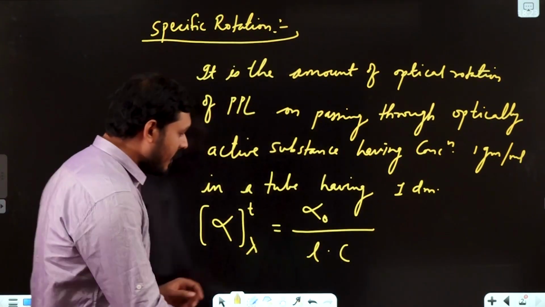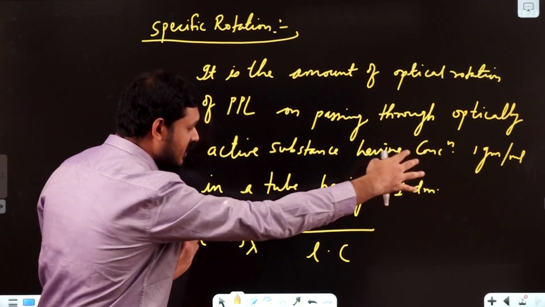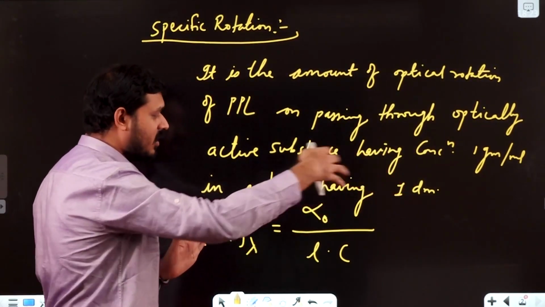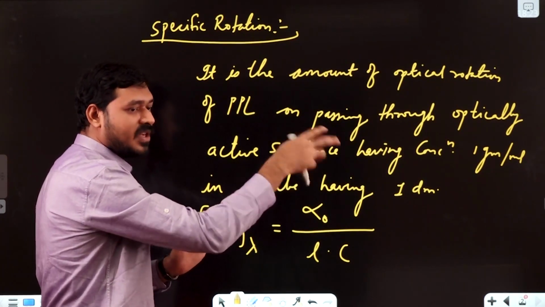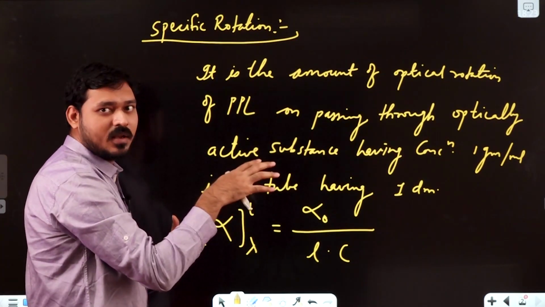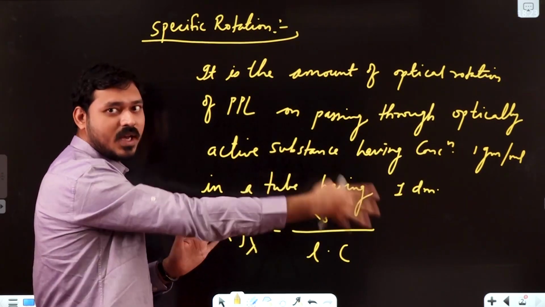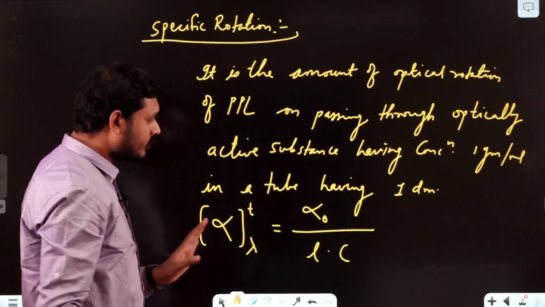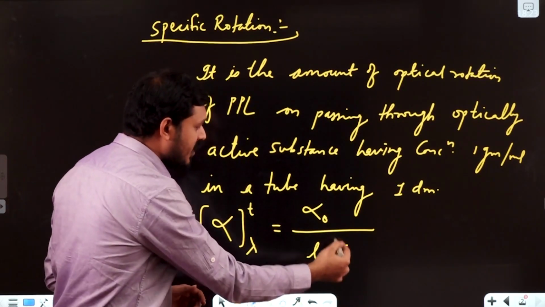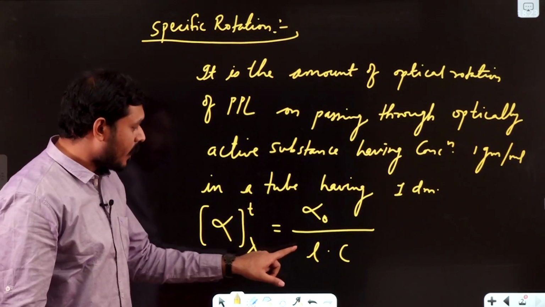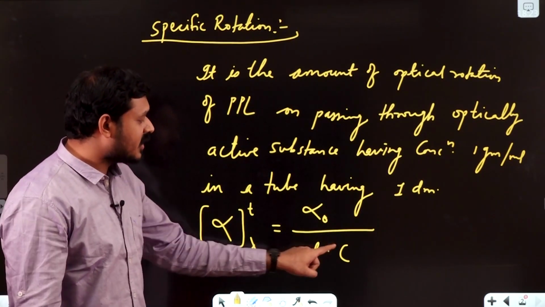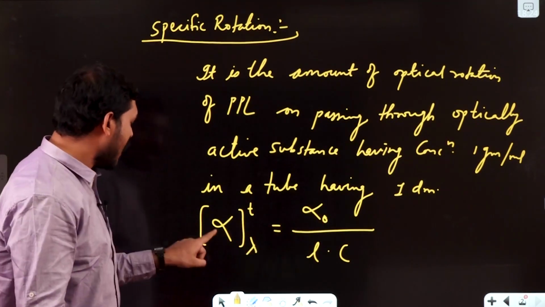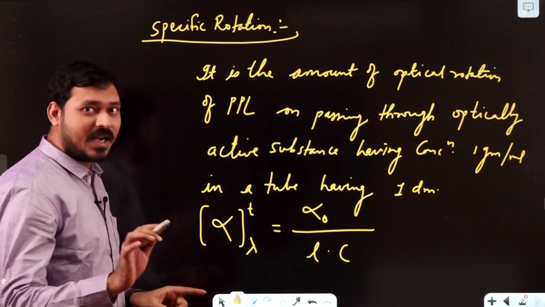So what happens if the length of the tube is increased, means the distance traveled by PPL is increased? The more the distance increment, the more will be the variation from plane of polarized light, means the more will be the rotation in clockwise or anti-clockwise direction as per the optically active compound. Again, the more the concentration, the more the observed rotation. So if the length L or concentration C changes, alpha naught also changes, but alpha, your specific rotation, remains constant.